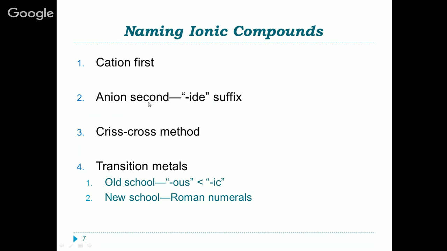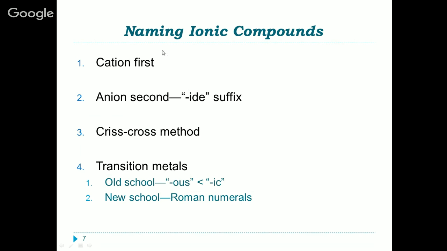And if we just have one of them, we drop the ending and give it an IDE ending. What do I mean? Hydrogen, hydride, oxygen, oxide, sulfur, sulfide, phosphorus, phosphide, etc. And you'll get a list with the names and the charges of all the elements that I'm expecting you to know.